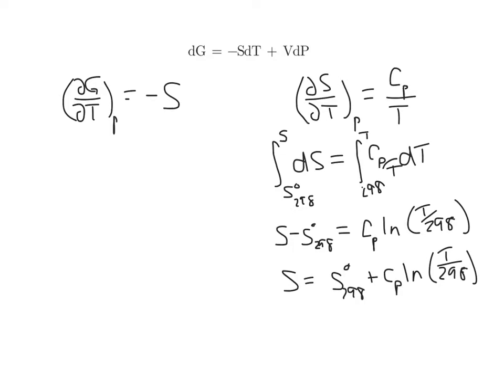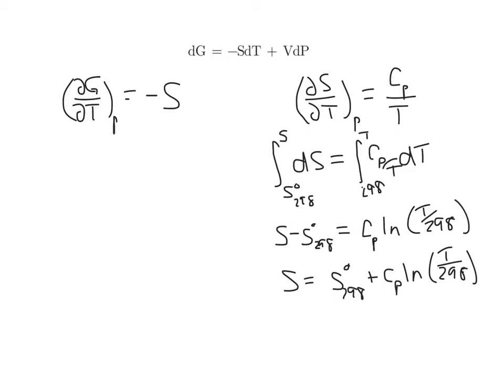So now I have an expression for the absolute entropy as a function of temperature. I can use this expression in my expression for how Gibbs free energy changes with temperature at constant pressure. And then I can again separate variables and integrate to get an expression for a change in Gibbs free energy when I heat or cool the ideal gas or my system at constant pressure.